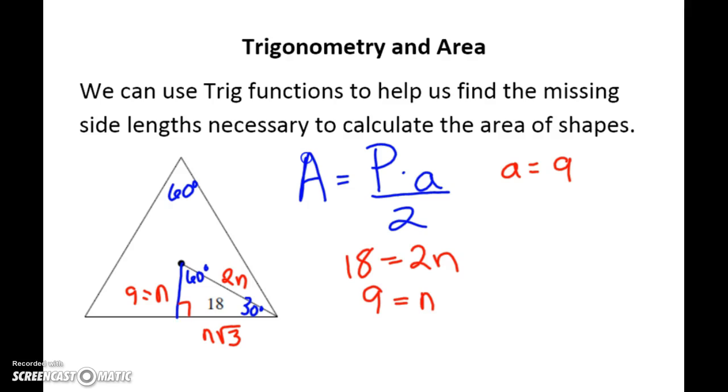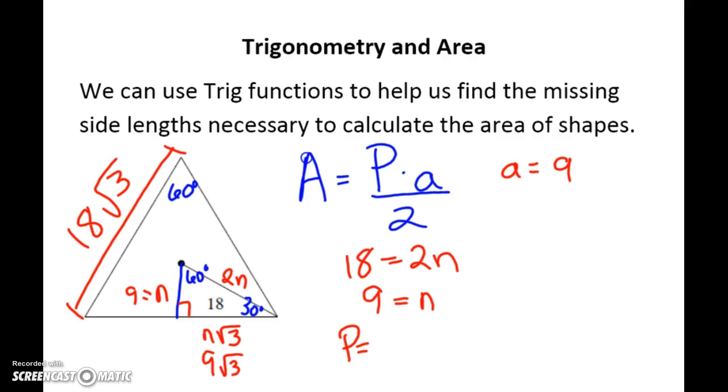Now let's look at the side lengths. Here, half of the side ends up being 9 square root of 3. Therefore, a whole side must be twice that, 18 square root of 3. Now my perimeter is going to equal 18 square root of 3 times 3, which will get me 54 square root of 3.